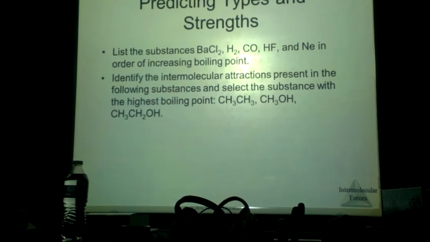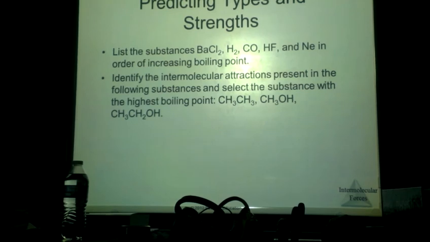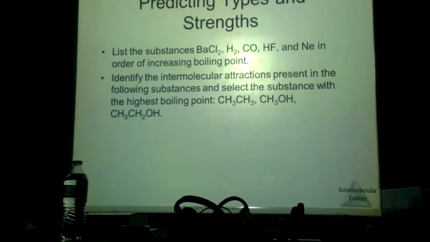The ones that have that ion-induced dipole are going to be the strongest. If I think about even just ionic bonding, that's going to be even stronger because it's an intramolecular force. So think about the forces that are acting within these substances, and we want to go from the one that would have the smallest boiling point to the one that has the largest.